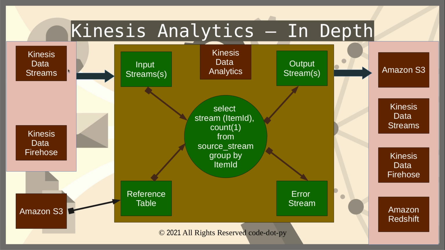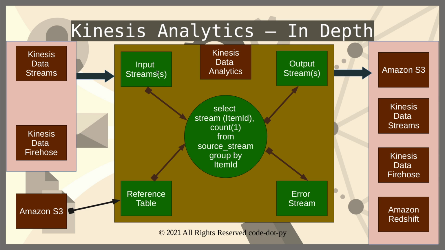So what we have here is a source side where there could be streaming data coming from Kinesis Data Streams or Kinesis Data Firehose, that is a possible input. The data that comes in as an input stream then goes to Kinesis Data Analytics.